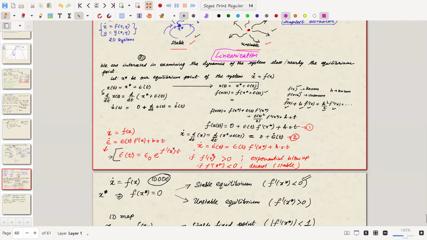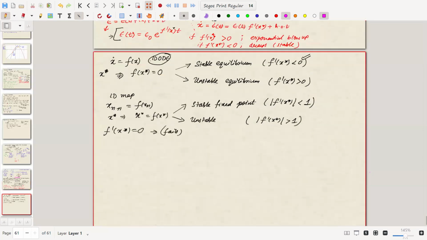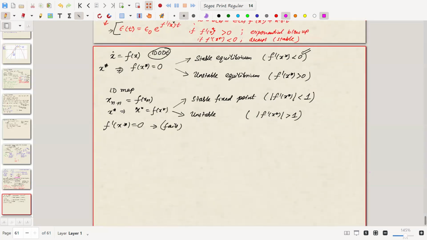Trying to see what happens nearby that fixed point is the concept of linearization. So if f prime of x star is equal to 0, the linearization concept fails.